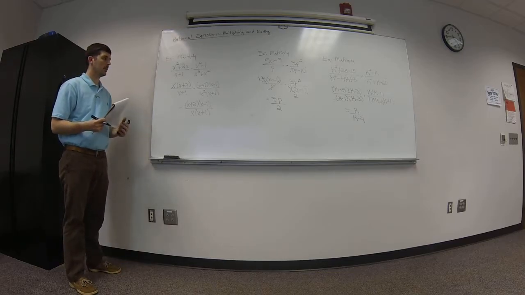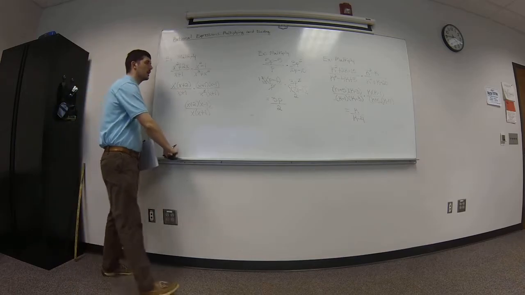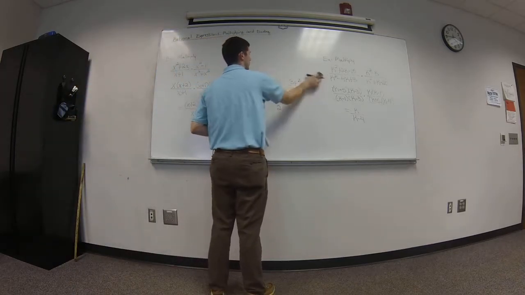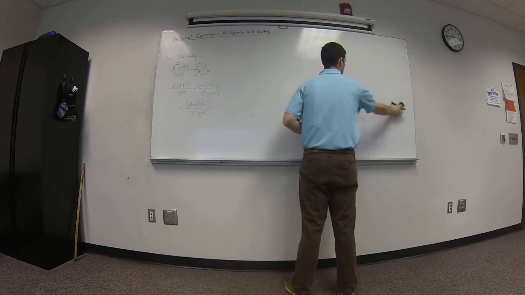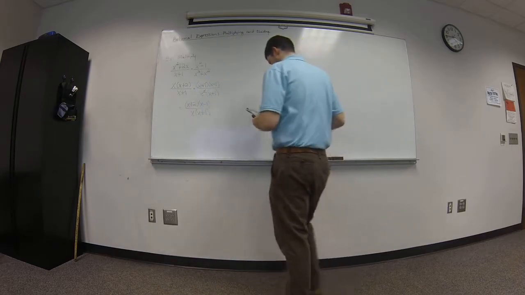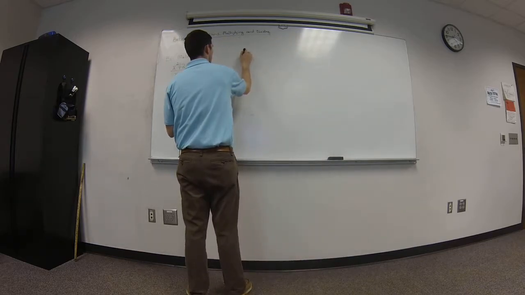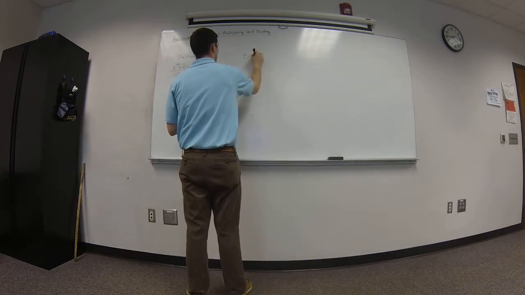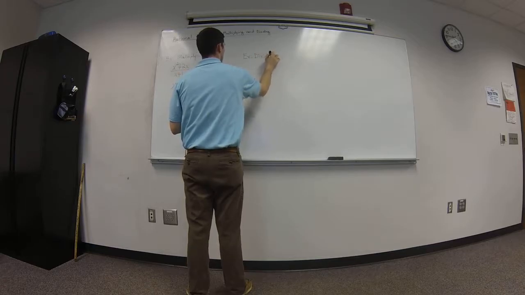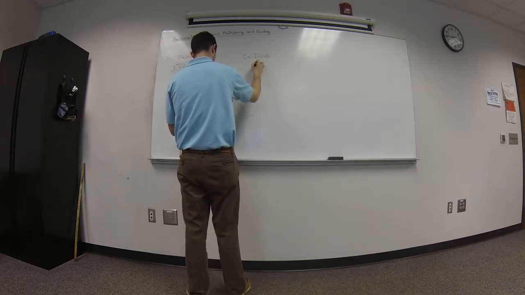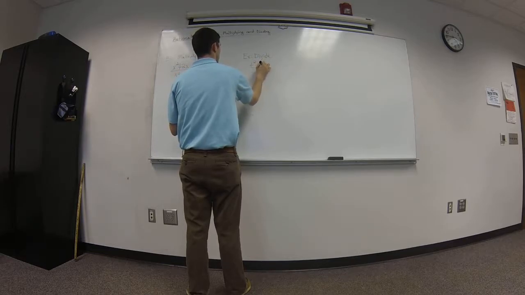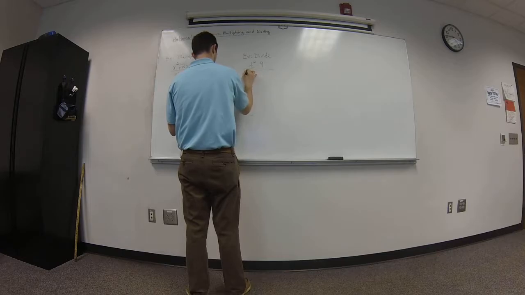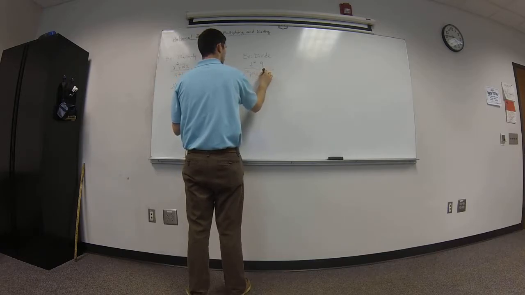All right, very good. All right, so that's multiplying. Now let's look at dividing these. All right, so let's say we want to divide t squared minus 9 over t squared plus 4t minus 21.